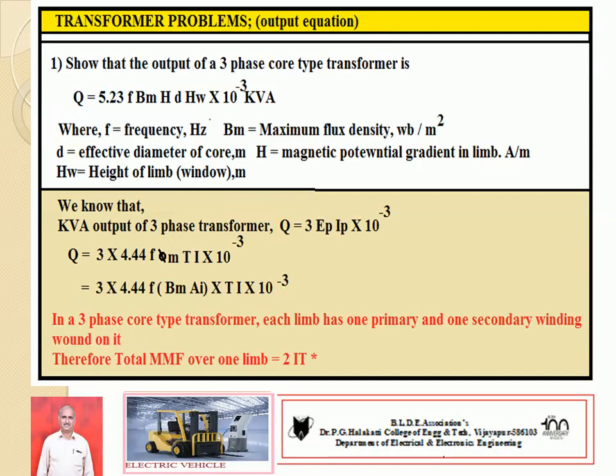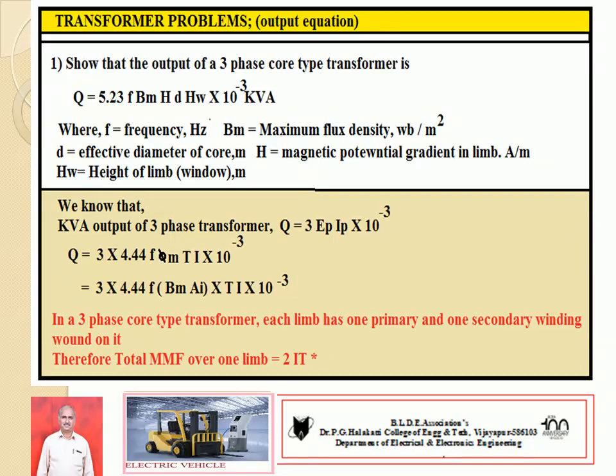What is the value of Ep? What is the value of ampere turns? What is the value of magnetic potential gradient? These are general values; we substitute them, and finally we are going to get that. It is a very simple problem, but it requires more understanding.